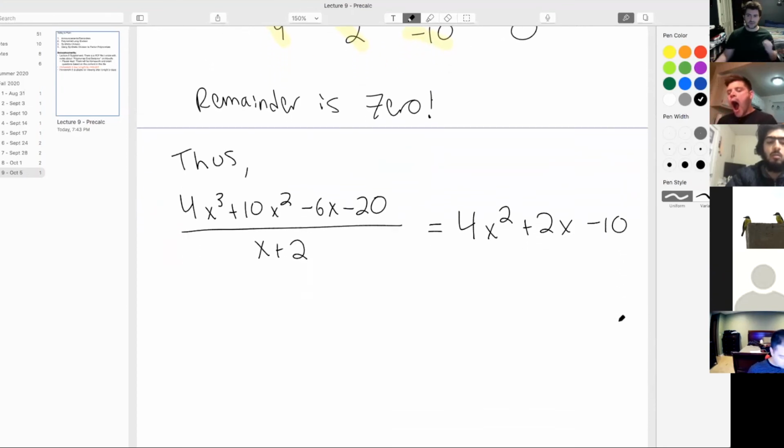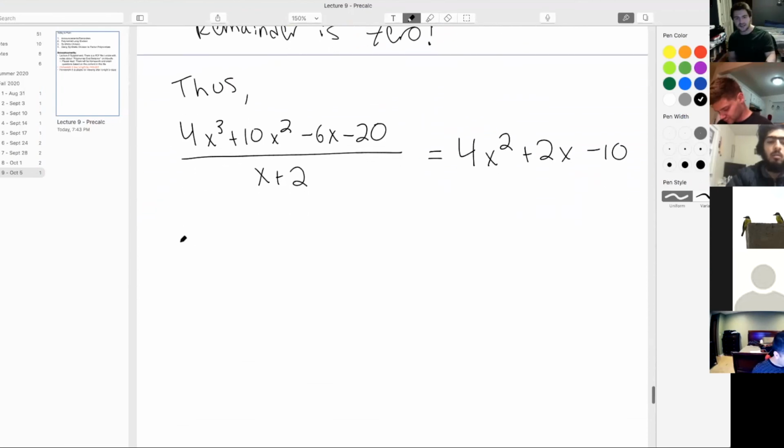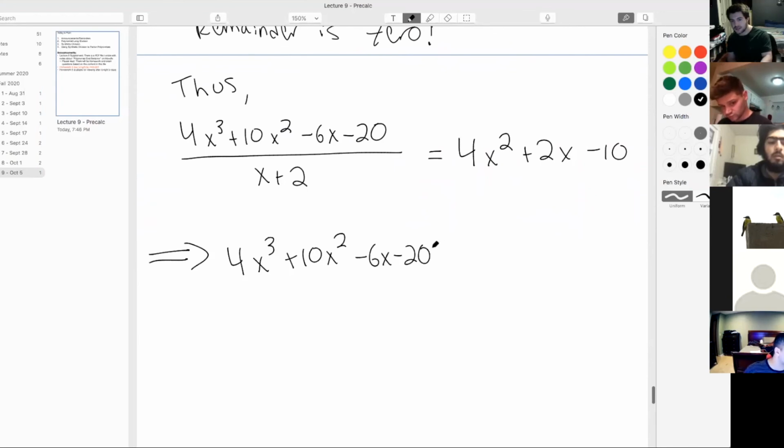All right, so that's what we have determined, and there is a plus 0 because the remainder is 0, but I'm not going to write plus 0. Excellent. Now I can divide both sides by x plus 2, and that will give me the following. 4x cubed plus 10x squared minus 6x minus 20 will equal x plus 2 multiplied by 4x squared plus 2x minus 10.